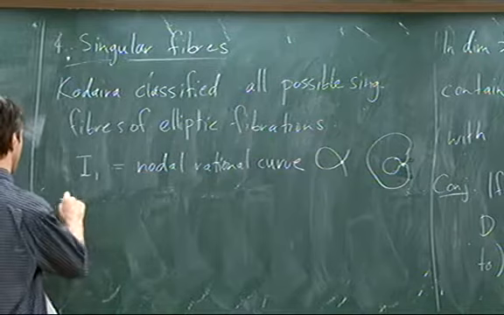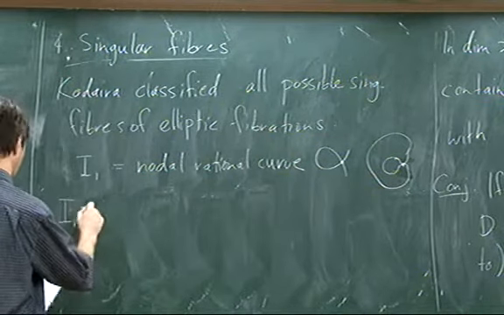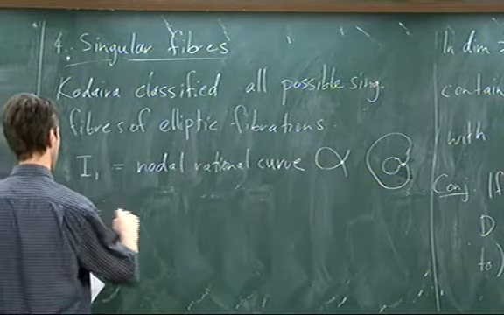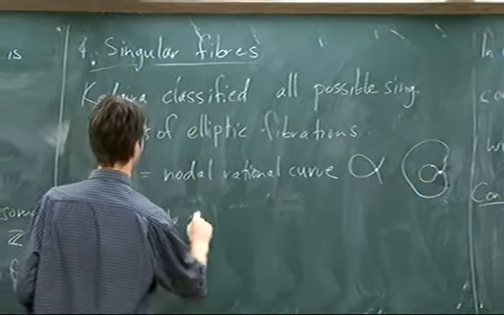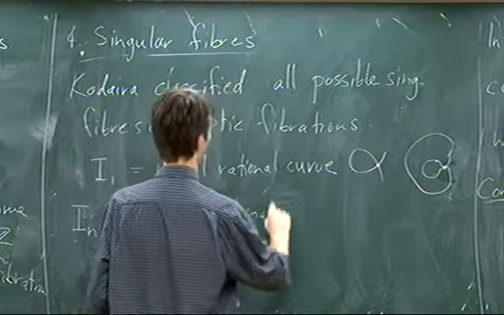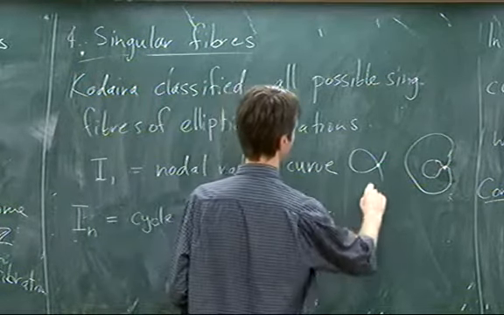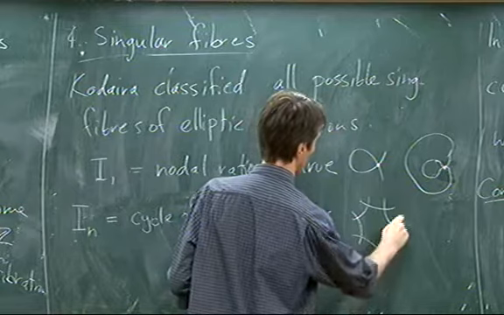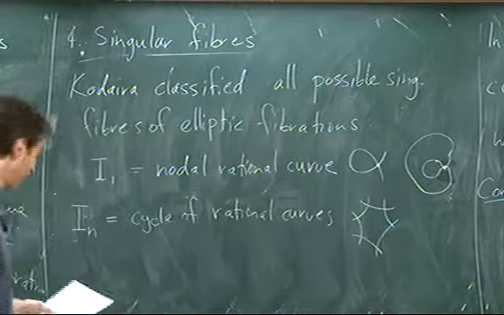Then there's also I_n, which would be a cycle of rational curves, something like that, perhaps.